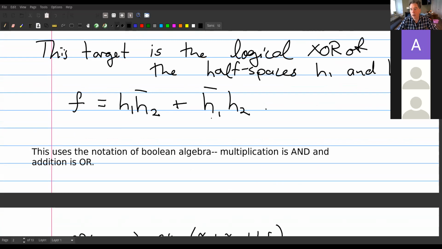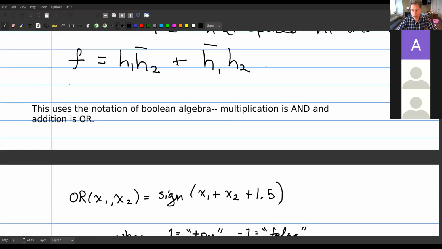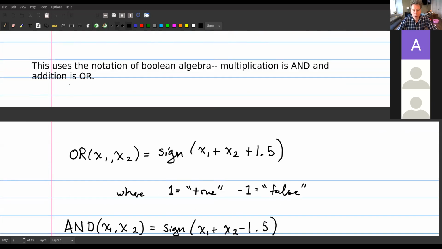And then this is saying not H1 and H2. Are you familiar with that Boolean algebra notation? Multiplication is conjunction, that means and, and adding is disjunction, that means or. So this is H1 and not H2, or not H1 and H2. So that's XOR.